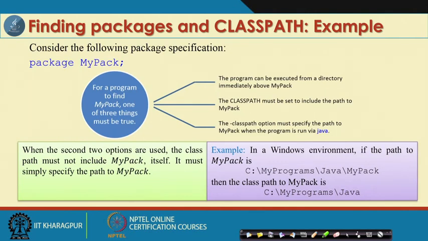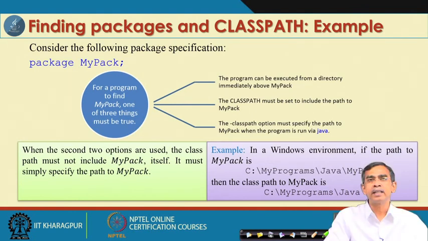If you mention the class path setting, then for my pack you just mention the class path as C, my programs, under Java, and the name of the directory. It is basically to mention the root or parent directory under which the path lies, and only that needs to be mentioned in your class path.